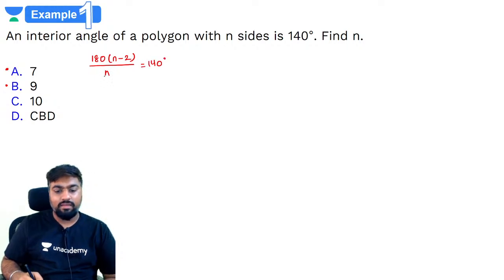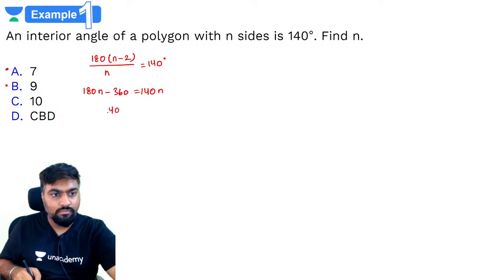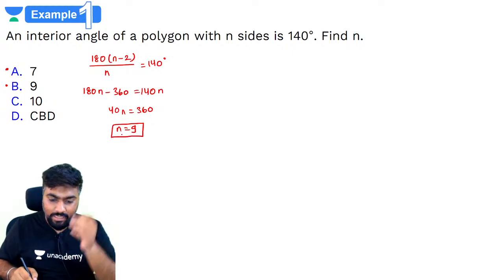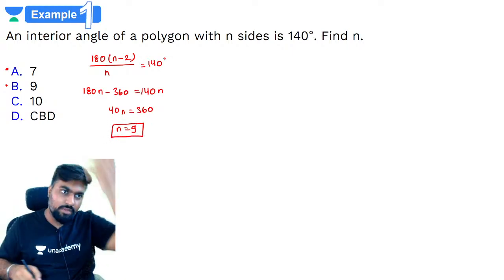So what do you get here? You get 180n minus 360 is equal to 140n, or 40n is equal to 360, so n is equal to 9. Yes, so going for 9 is not a bad idea.